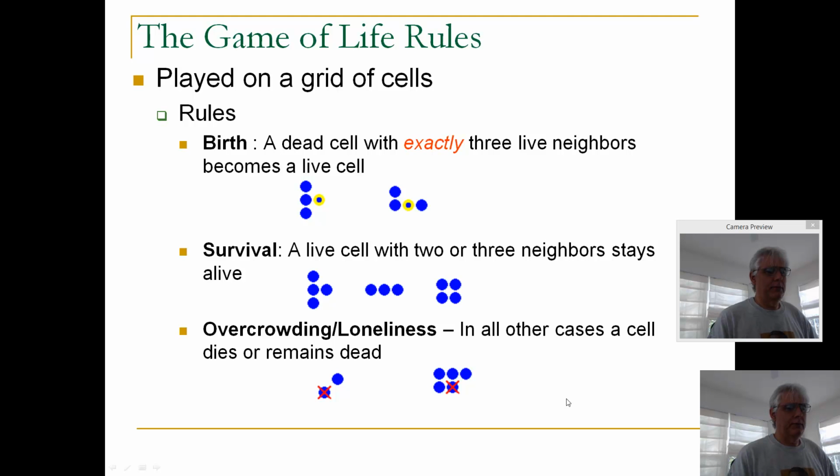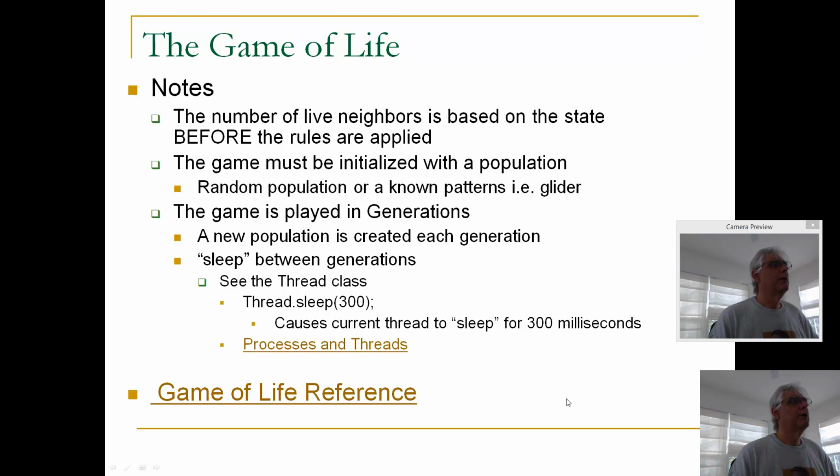Here are some general notes, some general observations. The number of live neighbors is based on the state of the cell before the rules are applied. This is simple, but it's very important that you understand it.